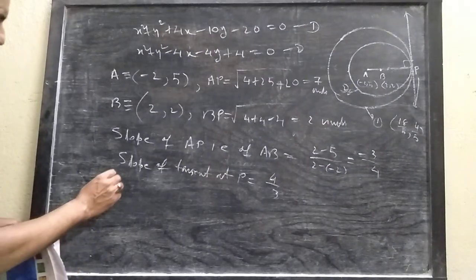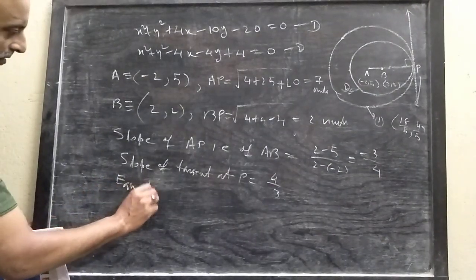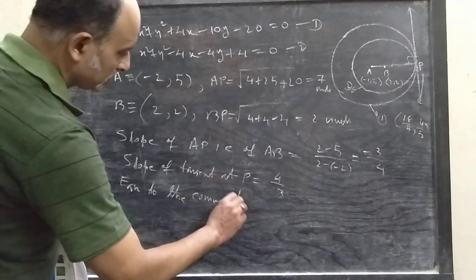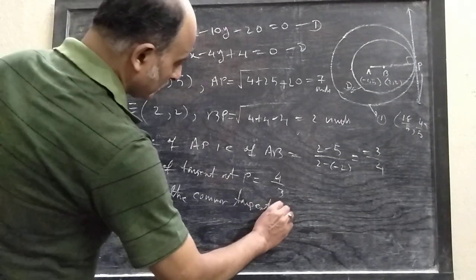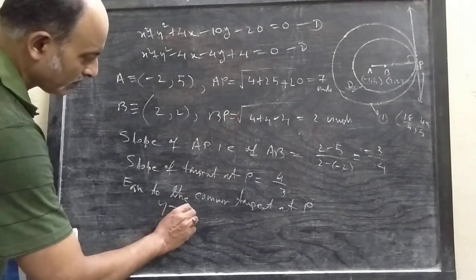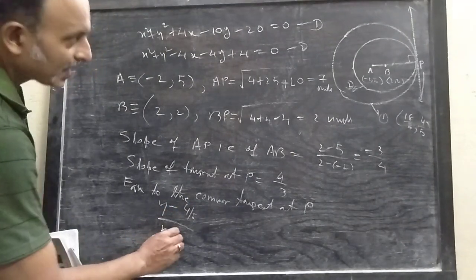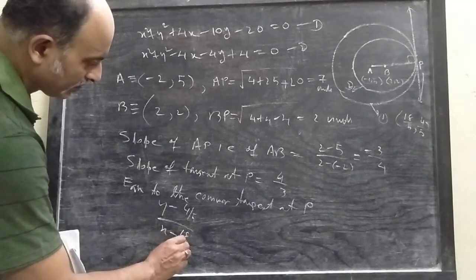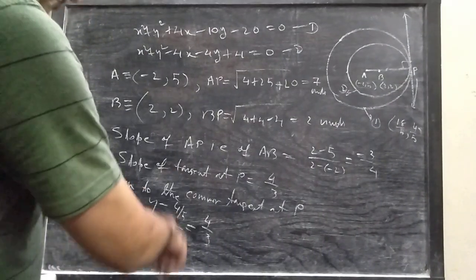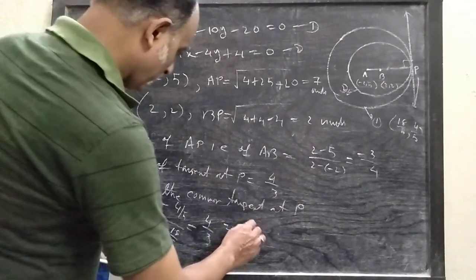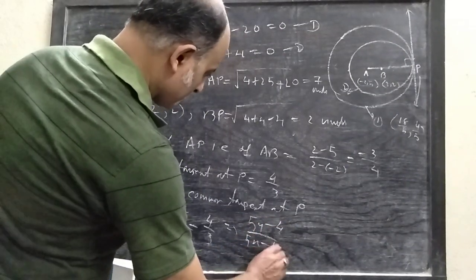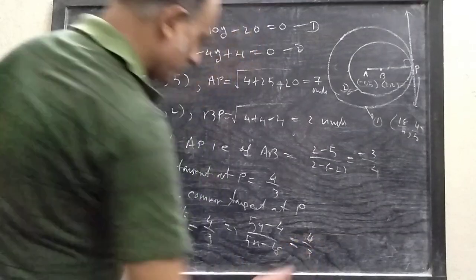Now we can write the equation to the common tangent at P as y minus 4 by 5 equals 4 by 3 times x minus 18 by 5. First let me simplify this part. 5y minus 4, 5x minus 18, this is 4 by 3.